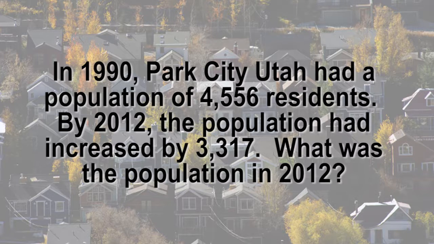What numbers will be needed to use in our equation? The years 1990 and 2012 are not important to the amount the population increased, so that won't be part of the equation. The population started at 4,556 and increased by 3,317. So we better add those two numbers together to find the total population.